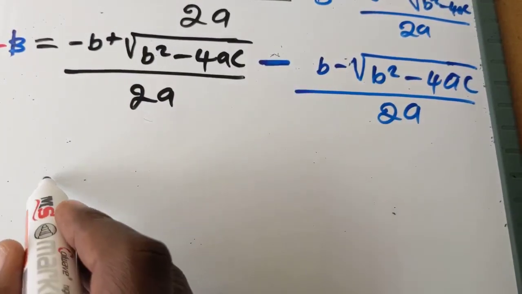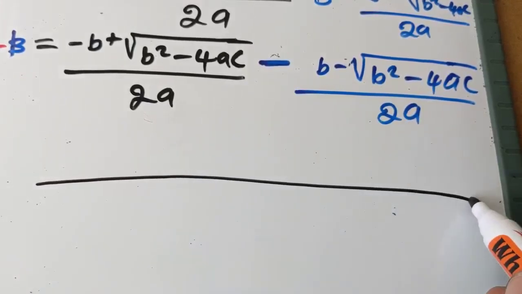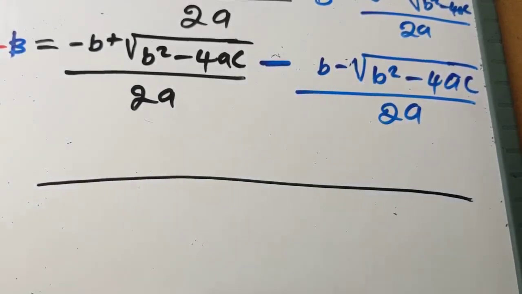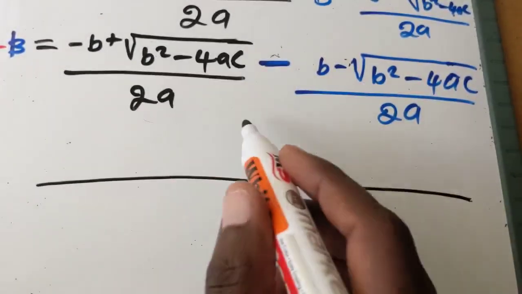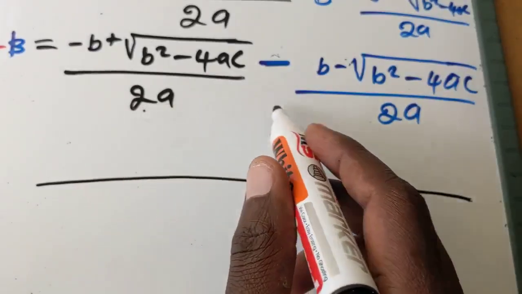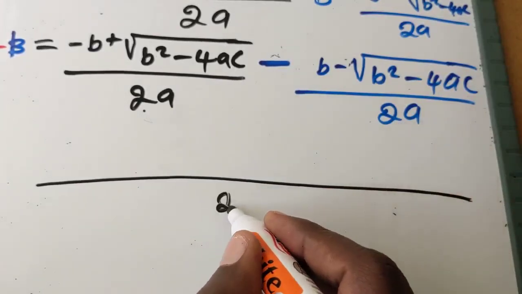So here we write like that. The common factor between 2a and 2a is the same 2a.